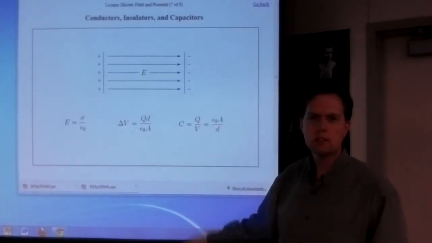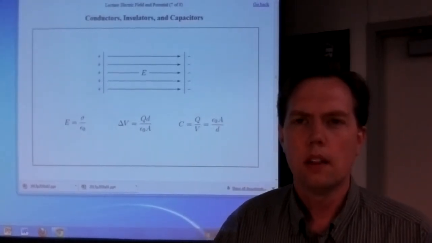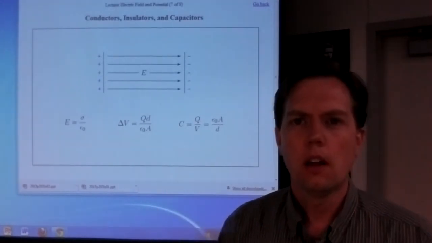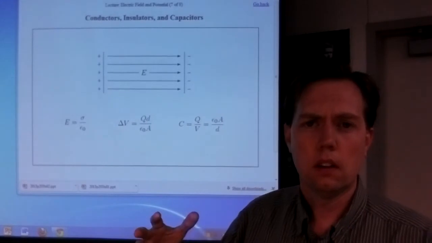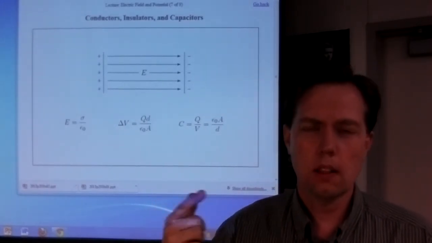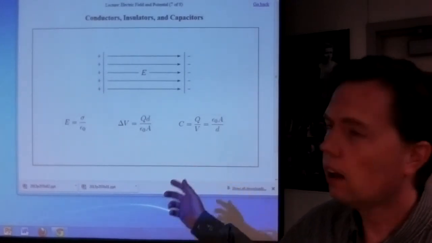And basically it's a formula that's just in terms of the basic geometry of that capacitor. You know, the larger the area, the smaller the gap between those two plates, the better the capacitor. And that's that.